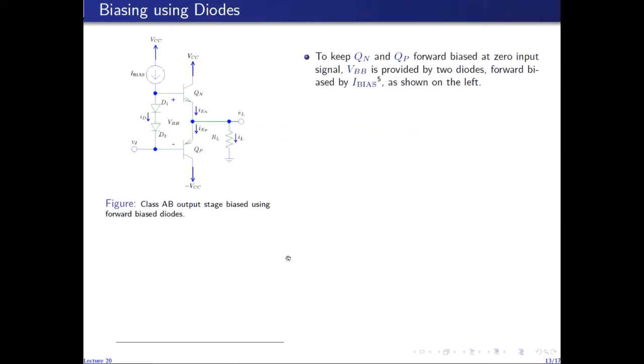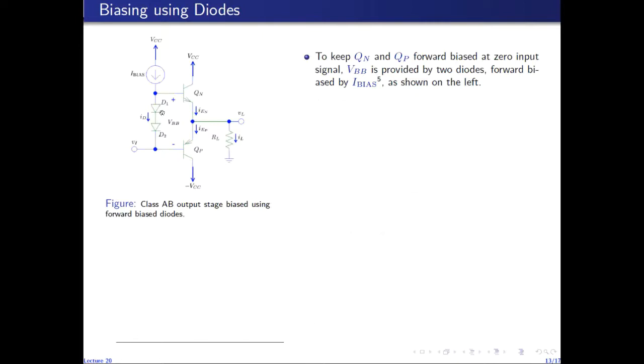There are different methods of generating this base-to-base biasing voltage for setting up the quiescent current in the class AB amplifier. One of them is the biasing using diodes.